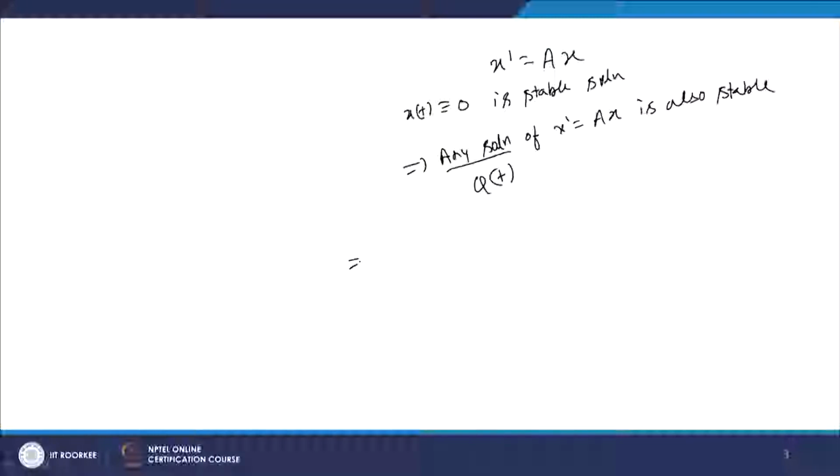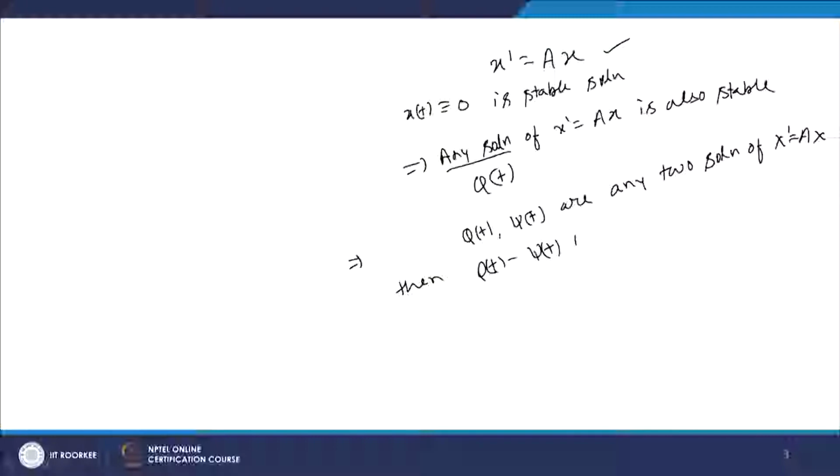Now we already know that in the case of a homogeneous linear system, if phi(t) and psi(t) are any two solutions of x' = A(x), then phi(t) minus psi(t) is also a solution of x' = Ax.